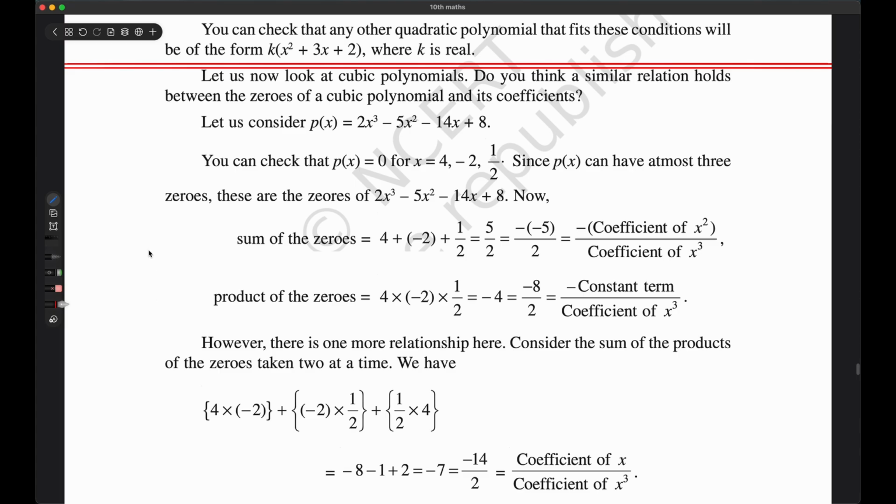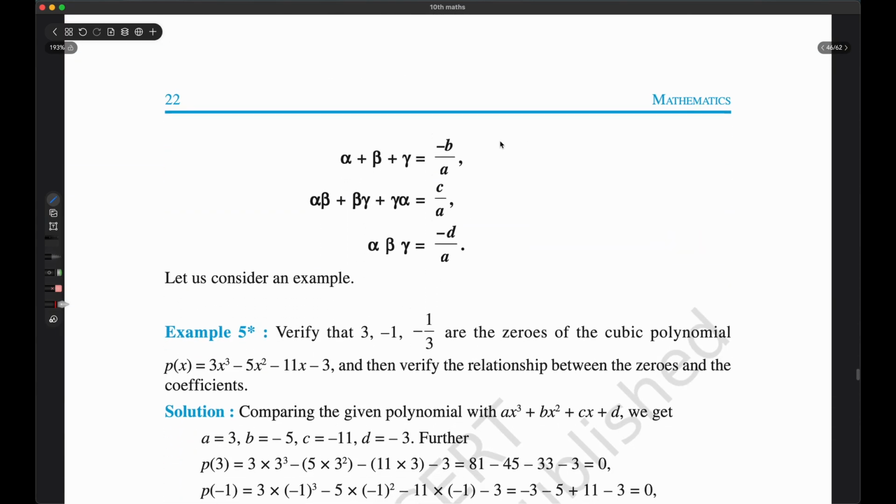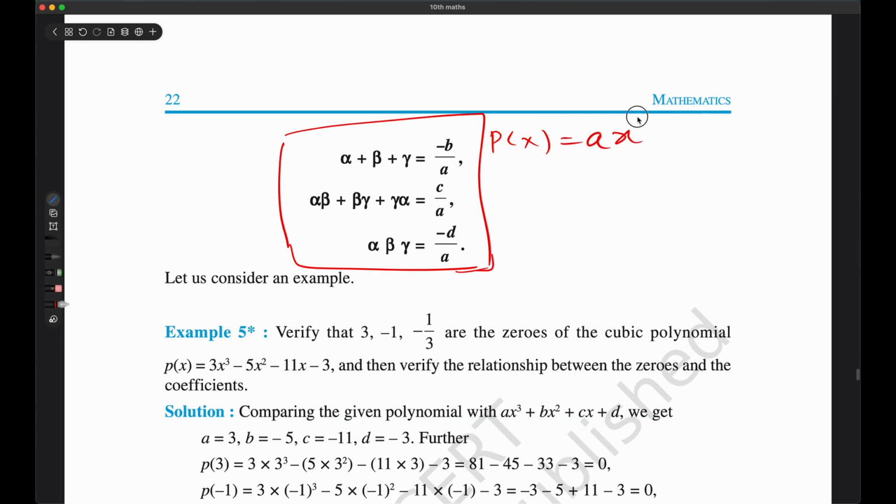In this lecture, we are going to cover the relationship between zeros and coefficients of cubic polynomial. We will derive these three equations, where we have p of x equals ax cube plus bx square plus cx plus d, and coefficients are a, b, c, d.